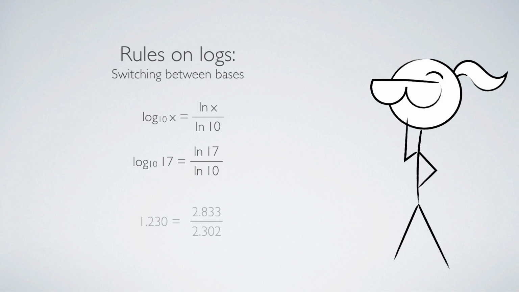Sticking all of those numbers into my calculator, log to the base 10 of 17 is 1.230, and the natural log of 17 is 2.833, and the natural log of 10 is 2.302. If I work out what 2.833 divided by 2.302 is, it's 1.230, proving that the relationship that I showed you works.